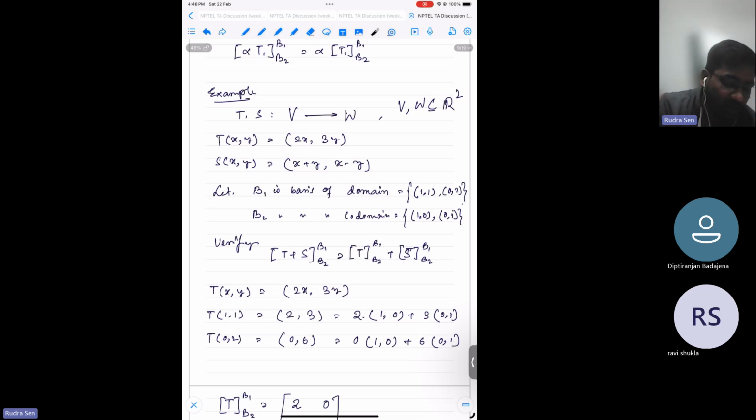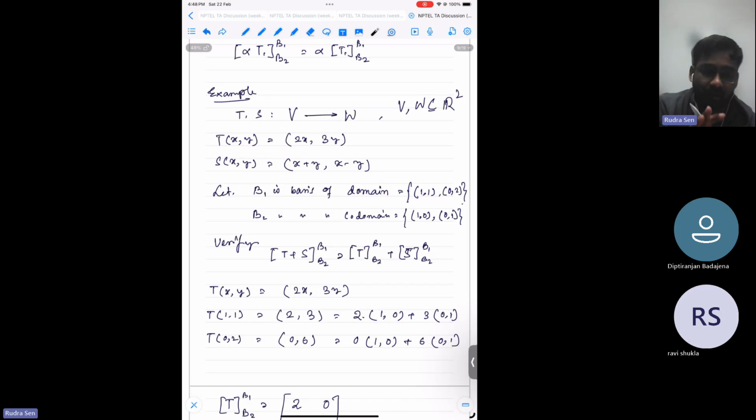When I'm playing with the domain space, I should use B1 as the basis, and when I'm playing with the codomain space, I should use B2 as the basis. This is just given to you.